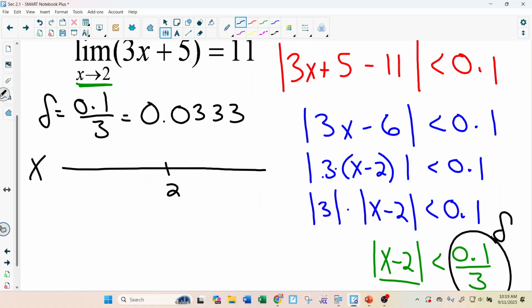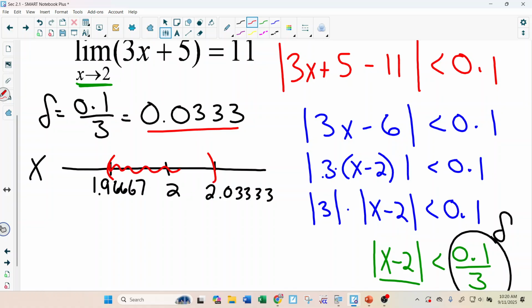So if I take 2 plus 2.03333, and then I do minus 1.96667. So these are all the numbers that are that close to 2, right? All of these numbers are that close to 2. Does that kind of make sense? I'm adding and subtracting the delta.